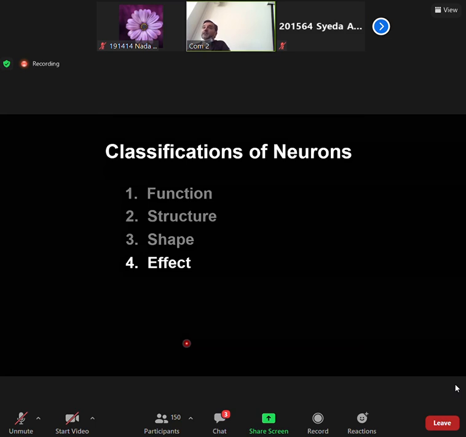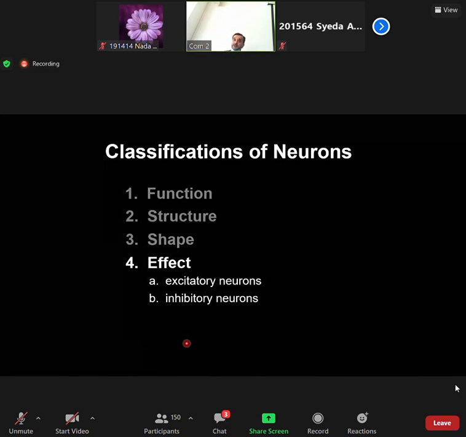Then we come up with the effect of the neuron. It could be an excitatory neuron, or it could be an inhibitory neuron. So based on the neurotransmitters which they are going to release, they can be excitatory. For example, in the central nervous system, if a neuron is releasing glutamate, it is an excitatory neurotransmitter, and the neuron would be an excitatory neuron.